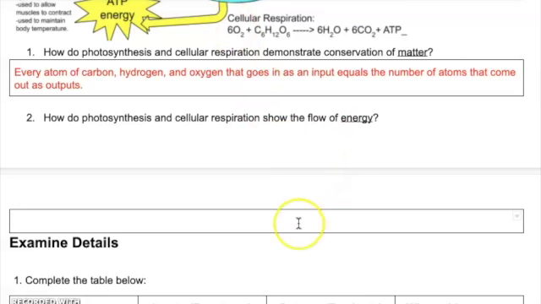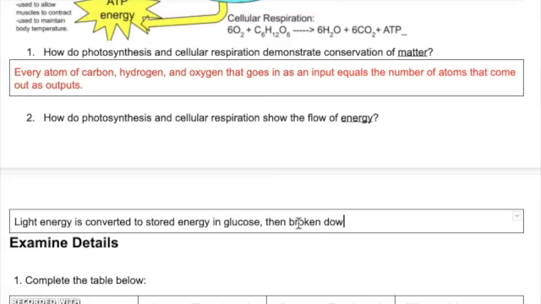Well, as we can see in our model up here, and I'll show that once I'm done typing, light energy is converted to stored energy in glucose, and then through cellular respiration, that glucose is broken down and released as ATP, or what we've been calling usable energy.